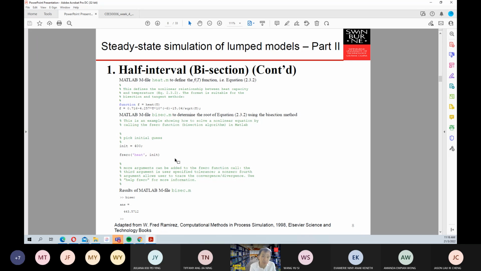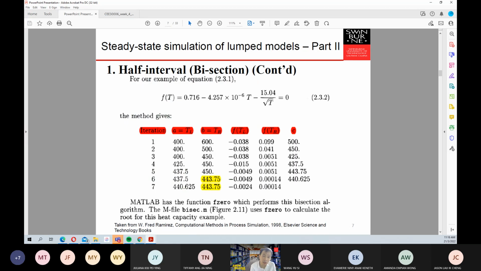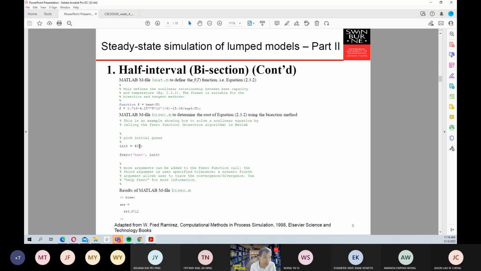Then you may ask me, sir, if you told me that this fzero is using a bisection, that means in the previous example you need to find two initial values, one which gives you the function negative and the other one that gives a function value positive. Why do I only need one in here?